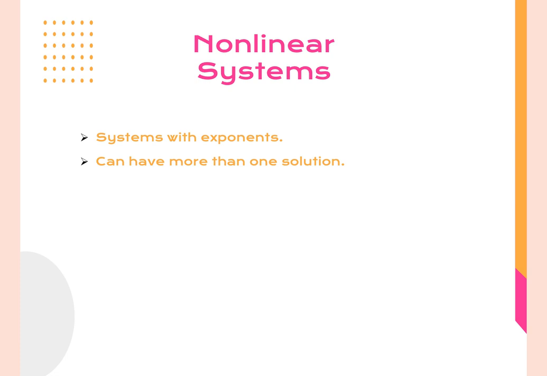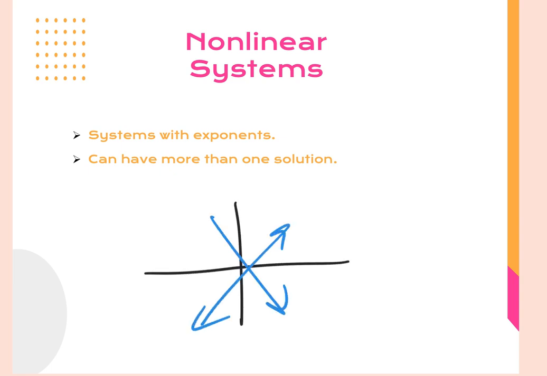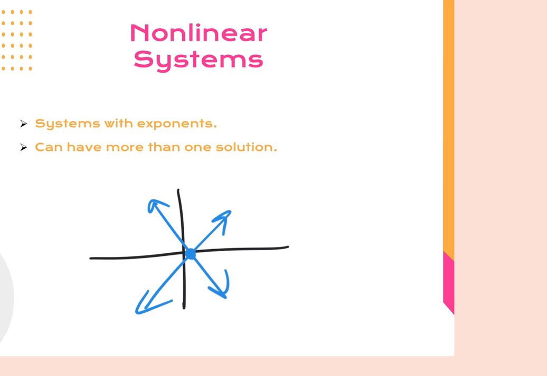So if you thought about it in terms of a graph, before, there would have been 2 lines because they only had an x and a y to the first power. There could only be one solution there. But now you're going to get things like parabolas or a line with a parabola. And in that case, you're going to get more than one answer. So in this case, you'd have 2.